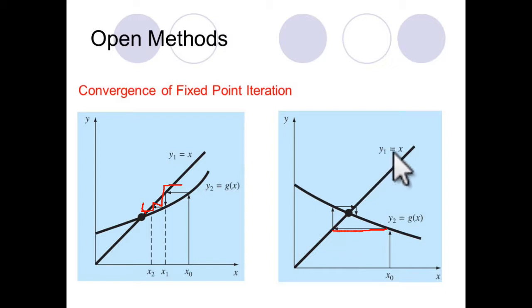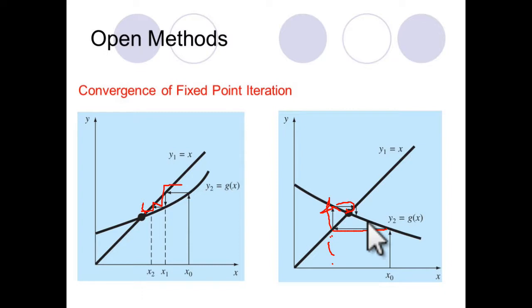So y1 is equal to x. We find the new x value, and from this x value we find the new g value, and in each step we are getting closer and closer to the root. In fact, if you look at here, the slope is negative.